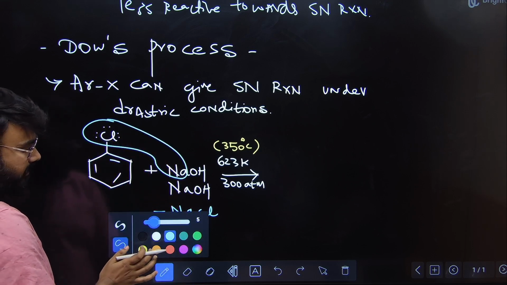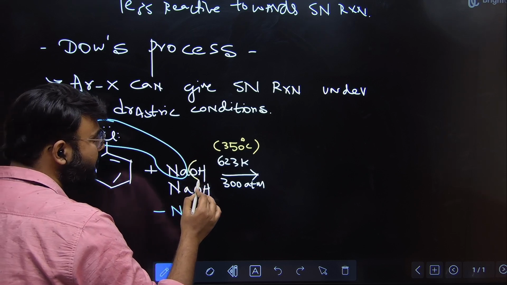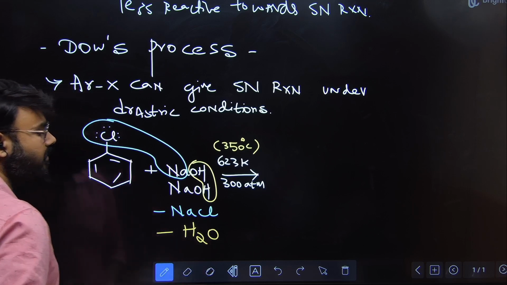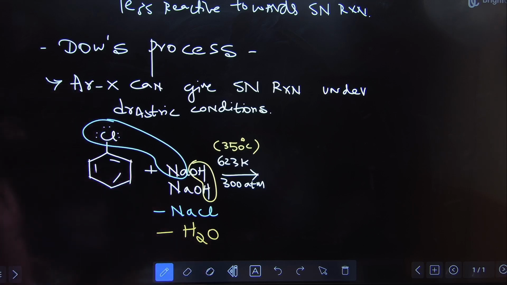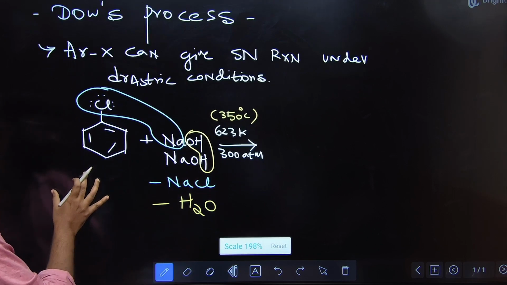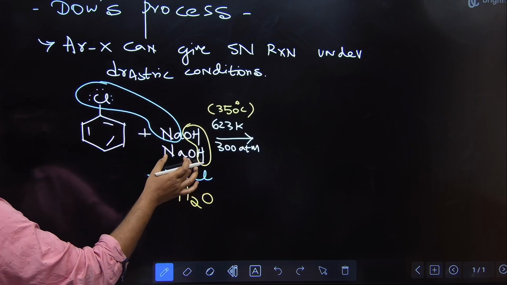Yeah, I will explain. Second thing what will be removed is the H2O water will be removed. Got it? So what is left now? Online, everyone tell me what is left? Ananya, what is left? ONa, right?